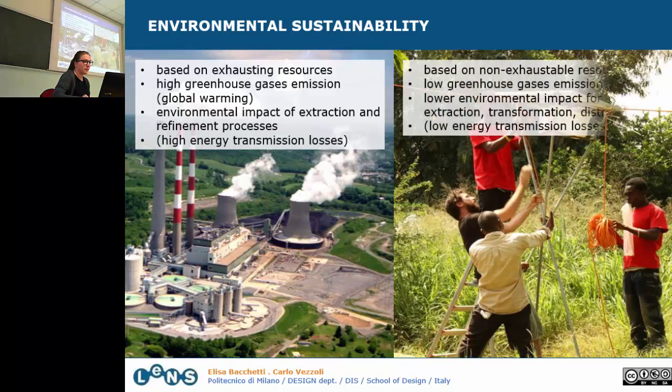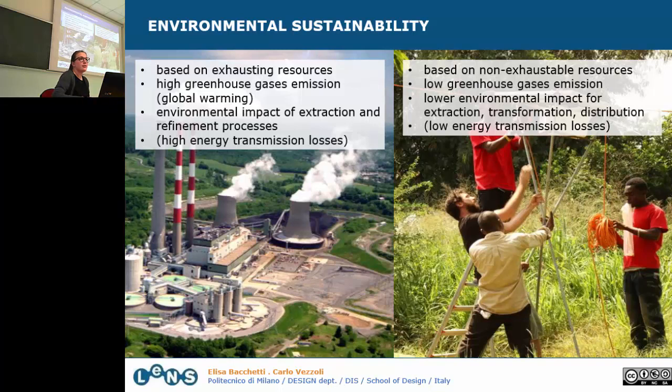less in time. On the contrary, distributed renewable energy is based on non-exhaustible resources, they have lower gas emissions, and they have low environmental impact, because in that case we are keeping out some phases. For example, the transportation, we are cutting this out.